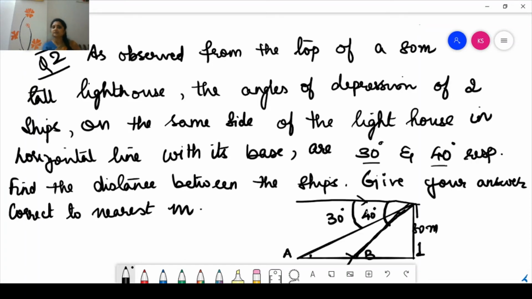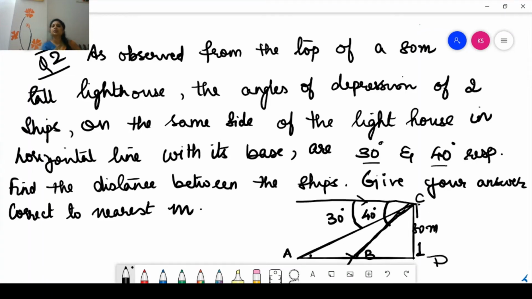I've always told you the angle of depression should be marked with the line of sight along with the horizontal line, the line of horizon. Now you draw a straight line from there, and then that's parallel to this. From there you mark the angles. Now always you will have to convert the angle of depression into angle of elevation, right? So this is the top of the lighthouse. Let's name the lighthouse CD.